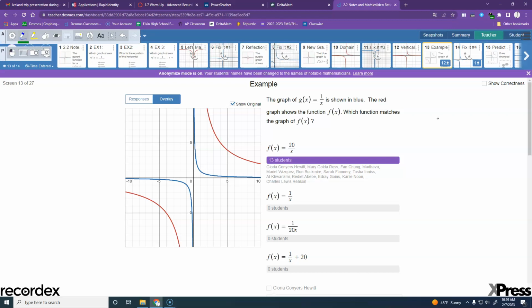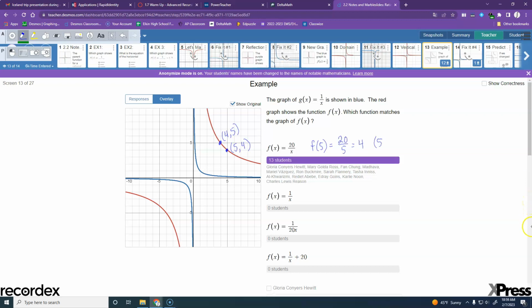When I look at that red graph, I'm going to find some points that are actually on the red graph. This is the point 5, 4, and this is the point 4, 5. If I plug 5 into this equation, f of 5, I would do 20 over 5, and 20 divided by 5 is 4.